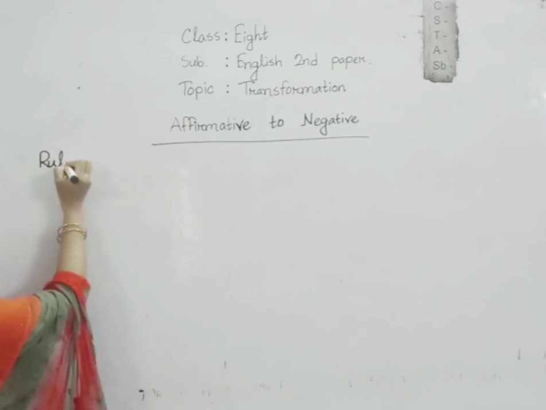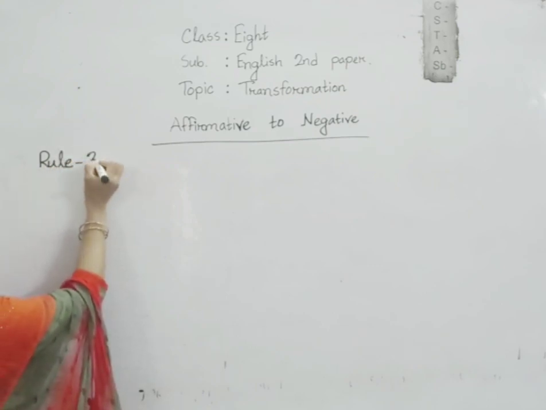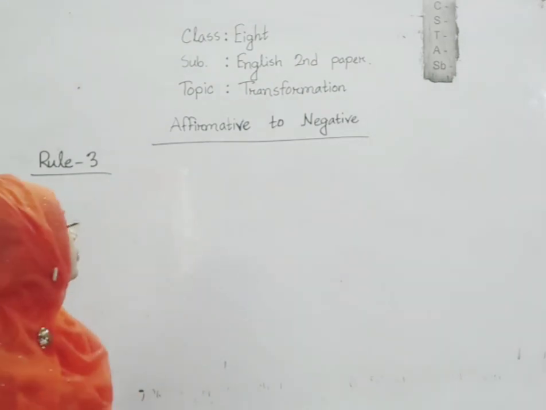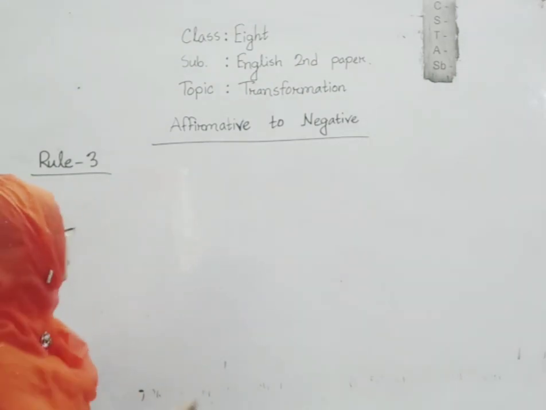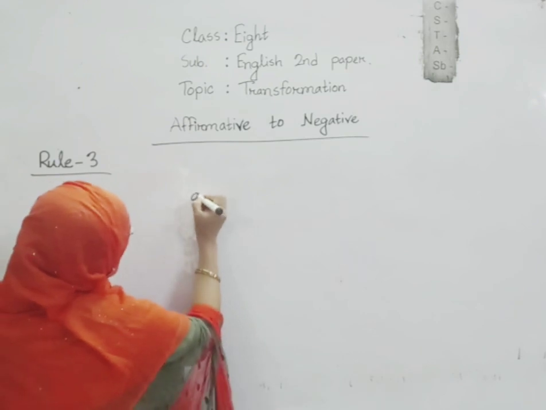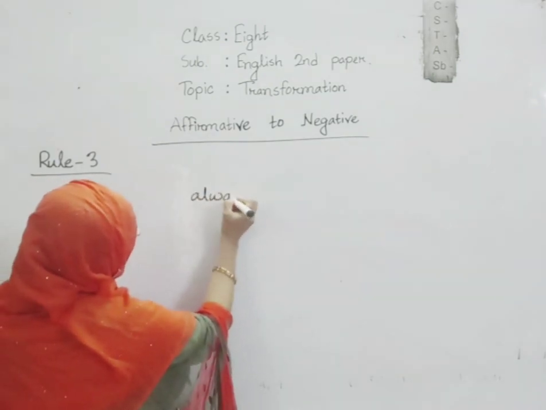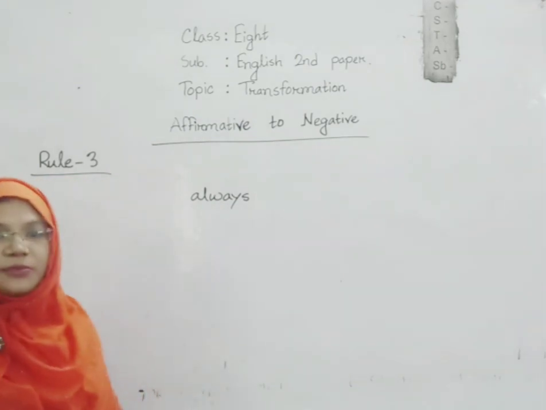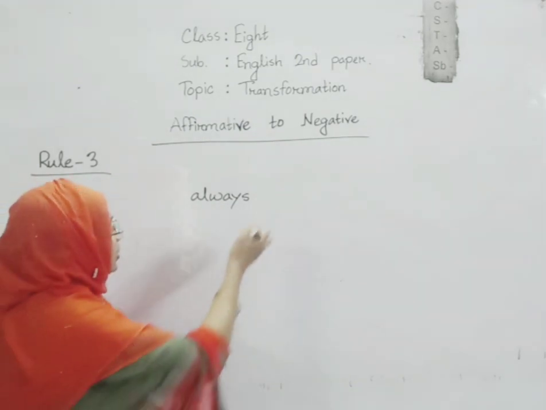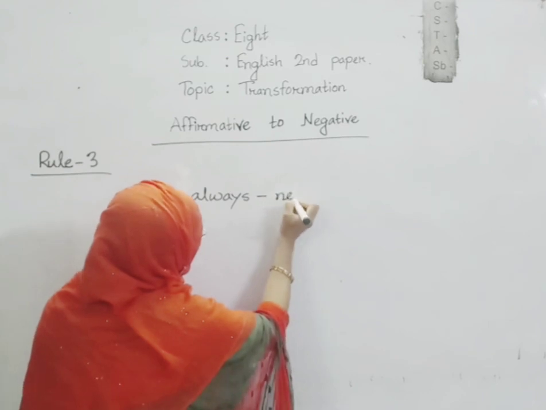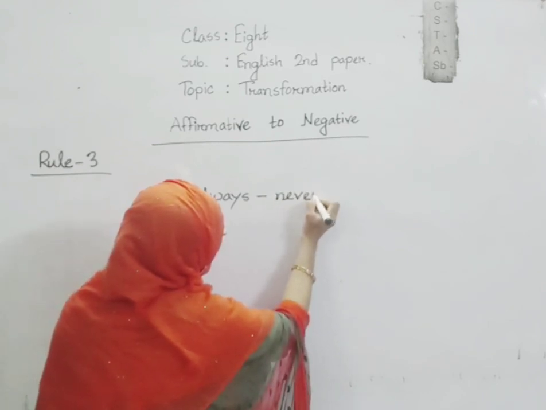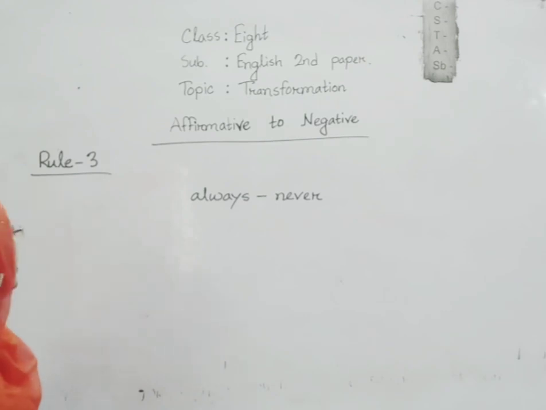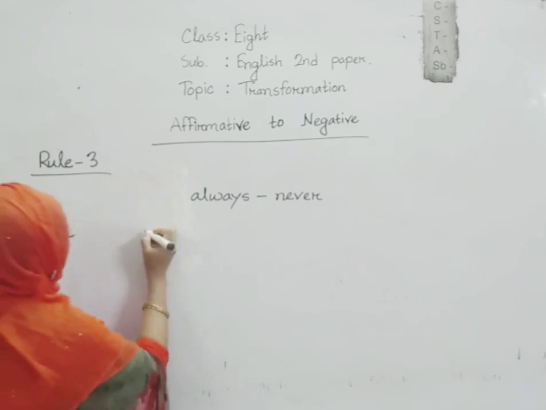Rule number 3. In rule number 3 of affirmative sentence, there may be "always". For always, we have to write down "never" in the negative. I am giving you an example.